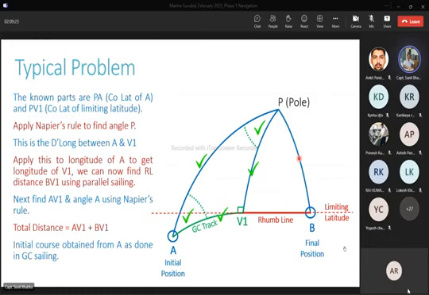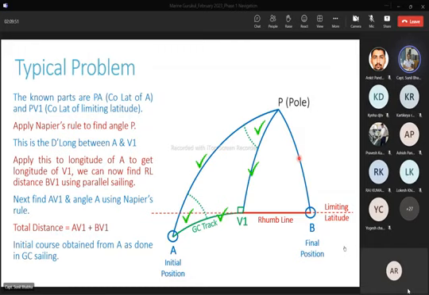Since the middle angle P is negative, it indicates that following a GC track from A to B, we are not going to cross the limiting latitude at all. So in this question, the composite sailing is not relevant, hence solving it using a normal GC sailing question. So you make the PAB triangle and find out the GC distance between them straight away.